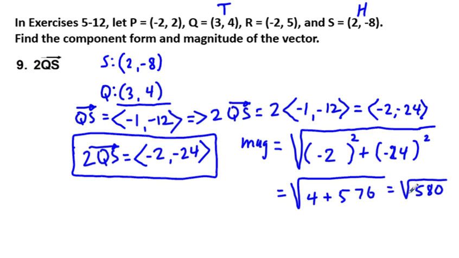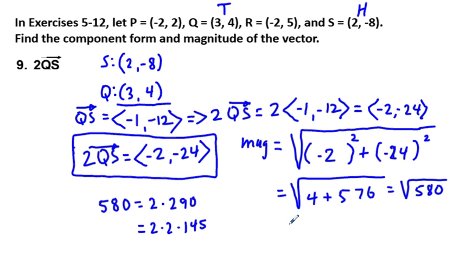Can we pull anything out of this 580? Well, 580 is divisible by 2, so we can rewrite 580 equals 2 times 290, and then 2 times 2 times 145.